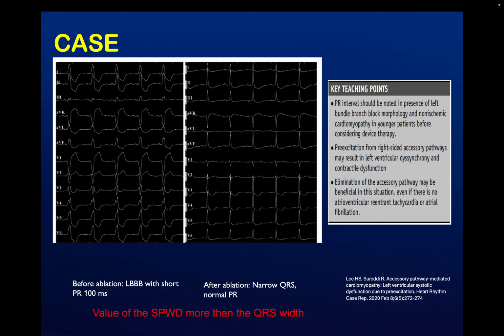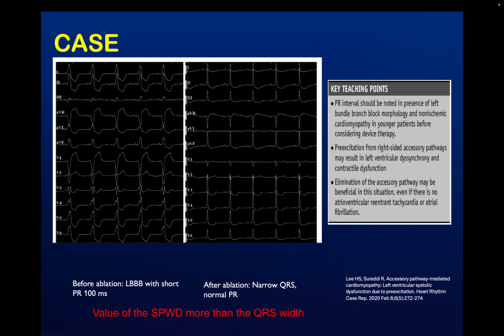Here, the elimination of the pathway was beneficial in improving the ejection fraction even without any atrial fibrillation or atrioventricular reentrant arrhythmia mediated by the right-sided accessory pathway.